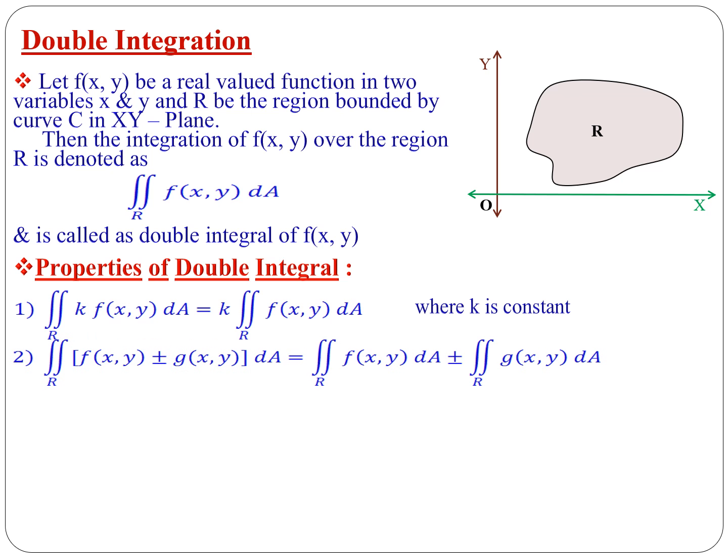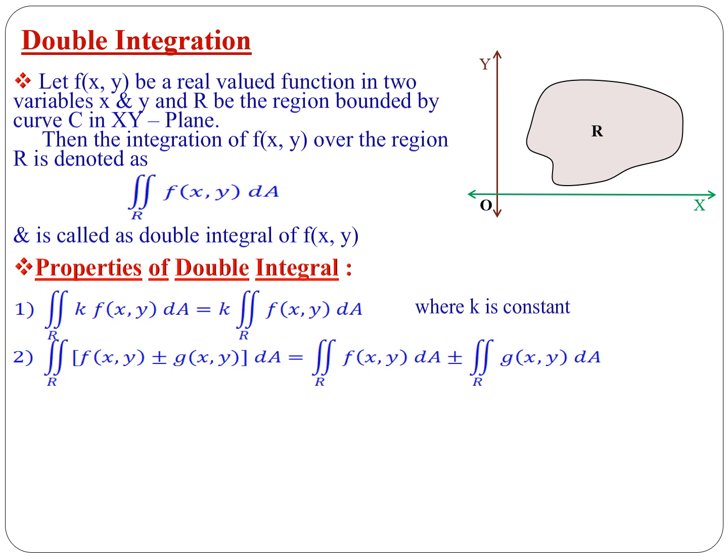The second property: if you want to find the integration of the sum or subtraction of two functions, then it is the sum or subtraction of the integrals of these two functions. So the integral along R of f of x y plus g of x y dA is equal to the integral along R of f of x y dA plus or minus the integral along R of g of x y dA.